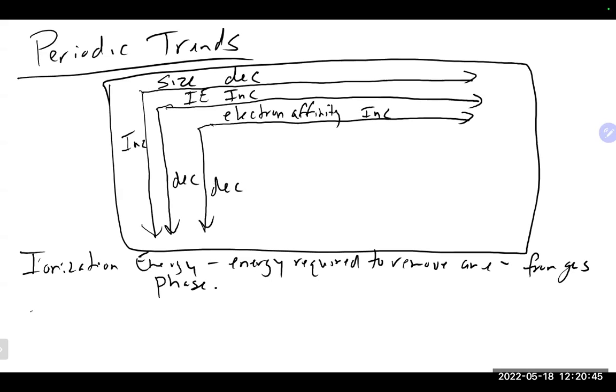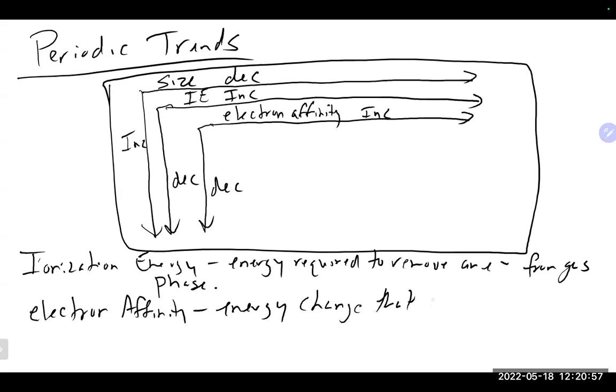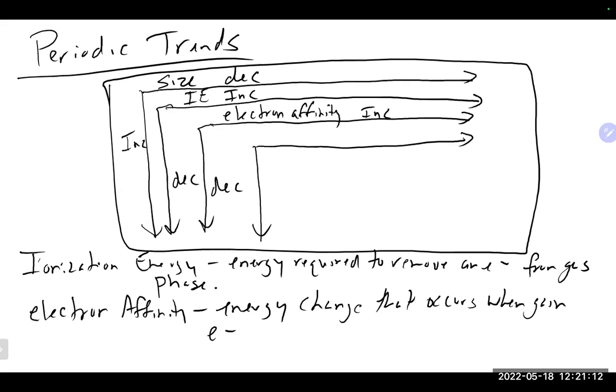Electron affinity is the energy change that occurs when an atom gains an electron. Not to be confused with electronegativity, which also has a similar trend.